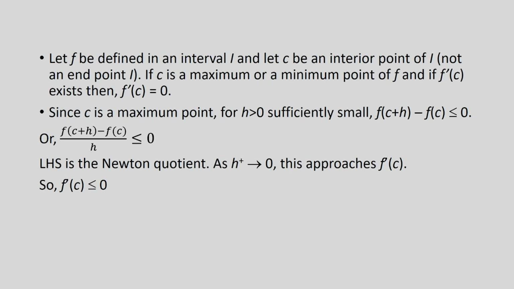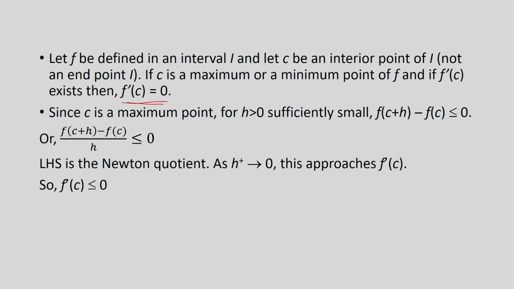Let f be defined in an interval I, and let C be an interior point of I. An interior point is what it is, it is not an end point in that interval I. If C is a maximum or minimum point of f, and if f dash C exists, then f dash C is equal to 0.